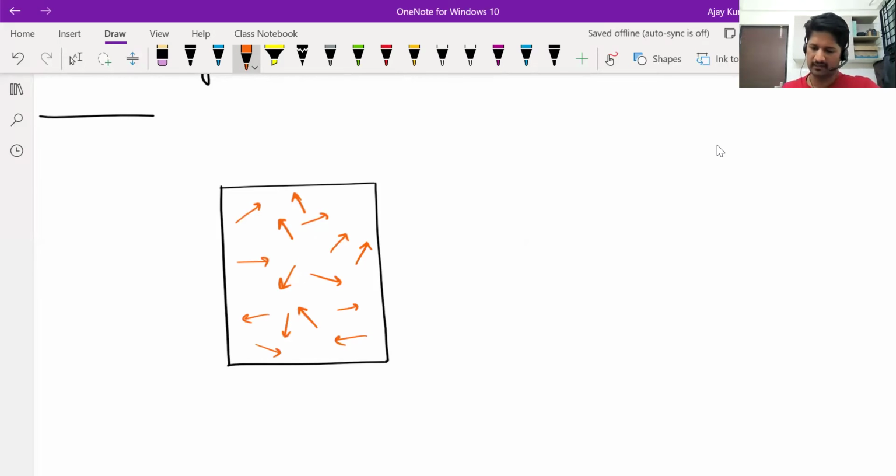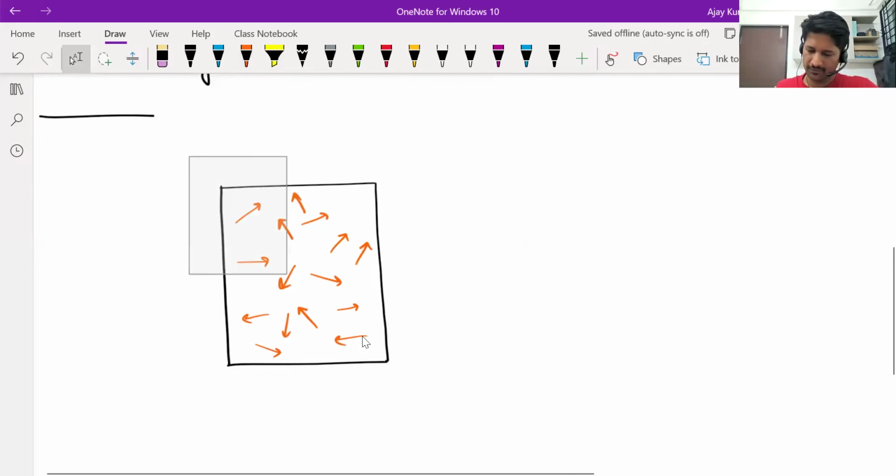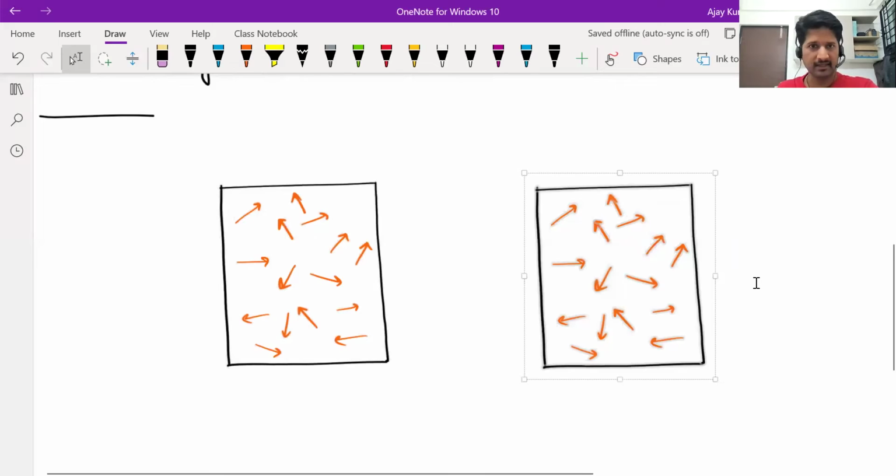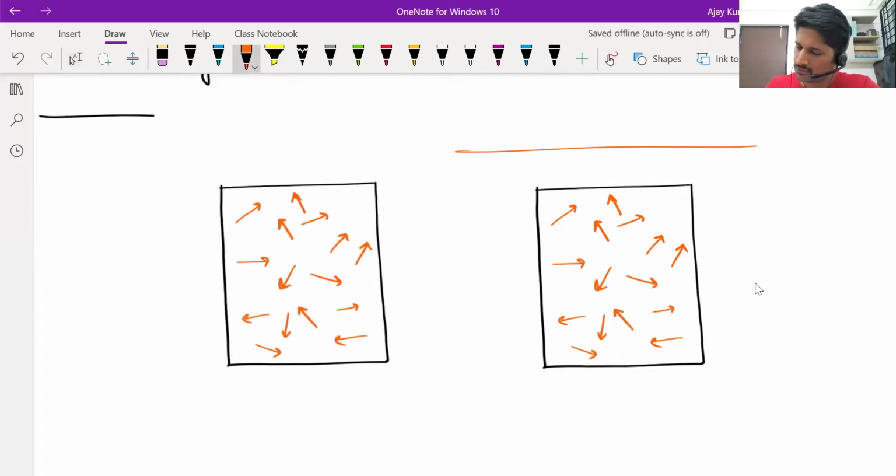They are randomly aligned. But if you switch on an electric field towards right, what will happen to all these dipoles? These are all electric dipoles. We are talking about electric field, electric dipoles. Suppose you switch on an electric field towards right. What will it do to these dipoles?